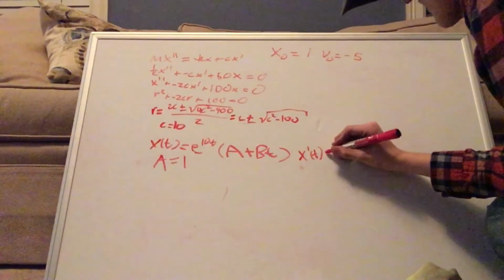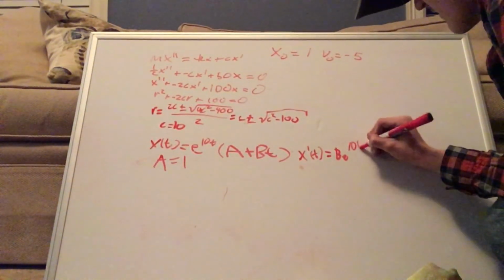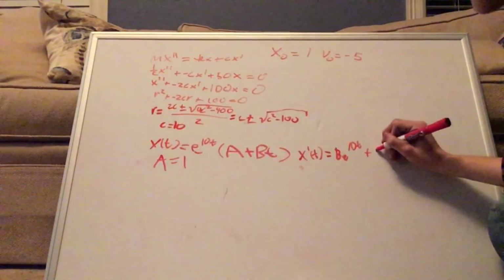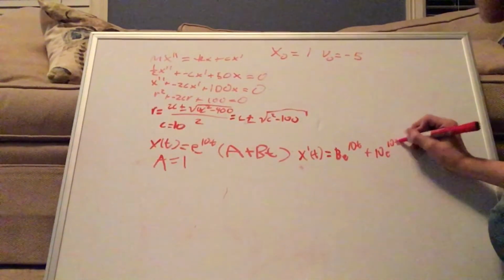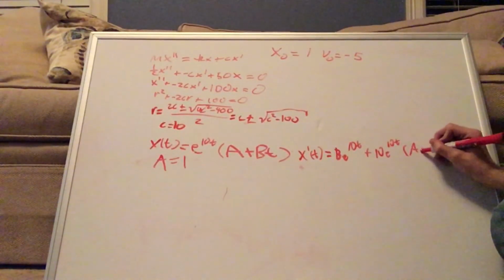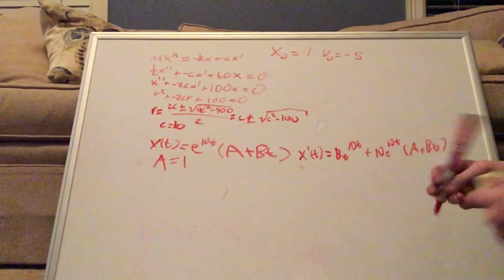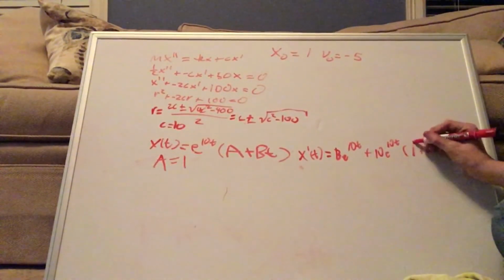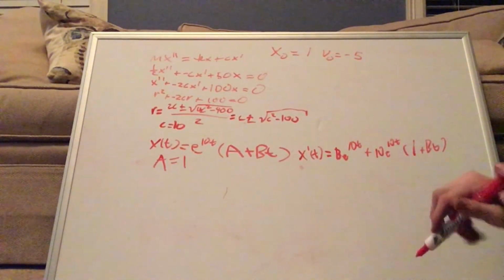So b e to the 10t plus 10 e to the 10t times a plus bt. a is 1. Let's just replace that. x prime of 0 is negative 5.